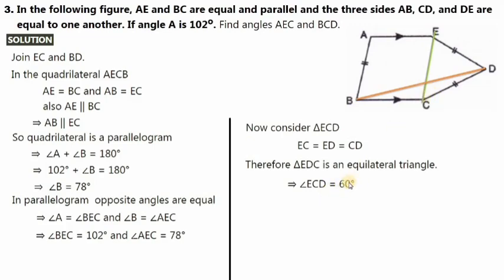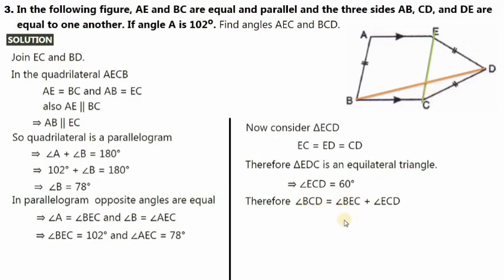60 degree. So that's why you know BCD. The question is asking you to write BCD. So BCD can be written as BCE, that is this angle, plus you have ECD, that is this angle. When you add these two angles, you get angle BCD.